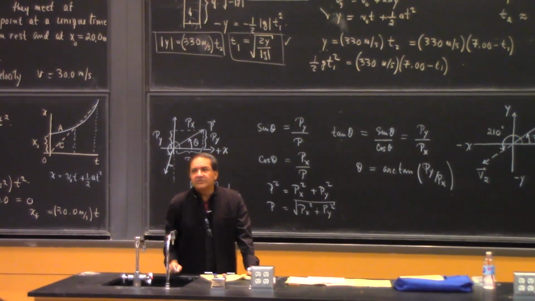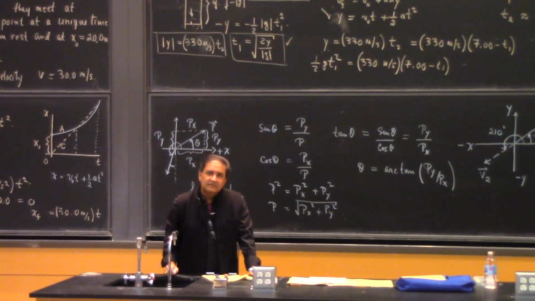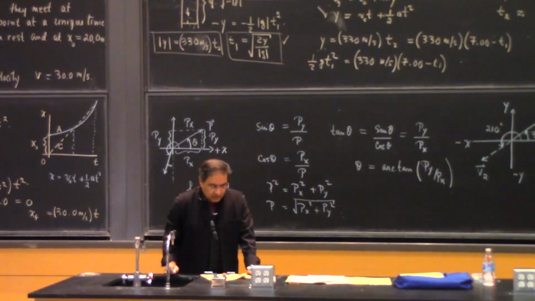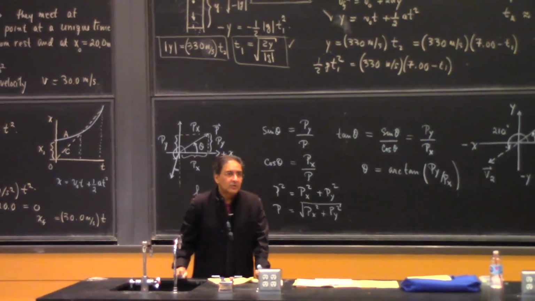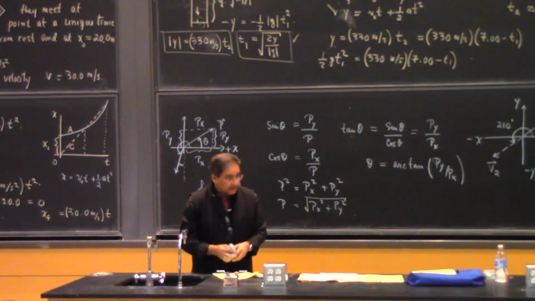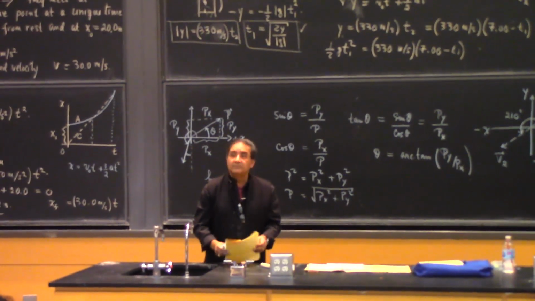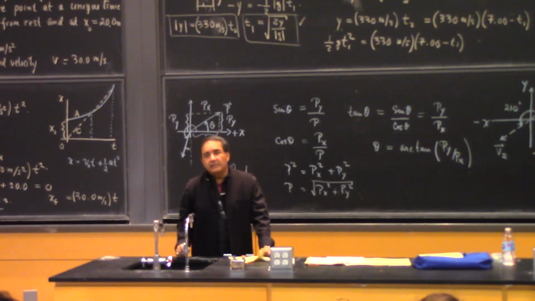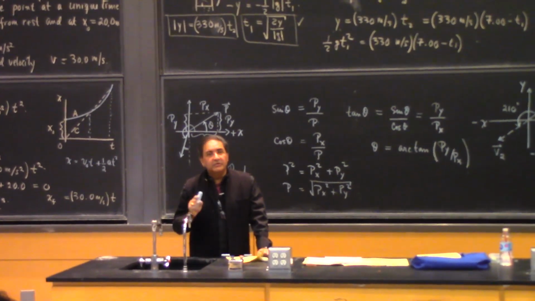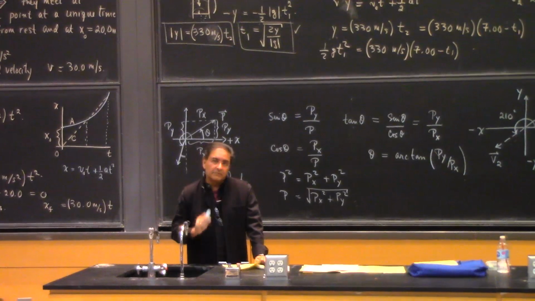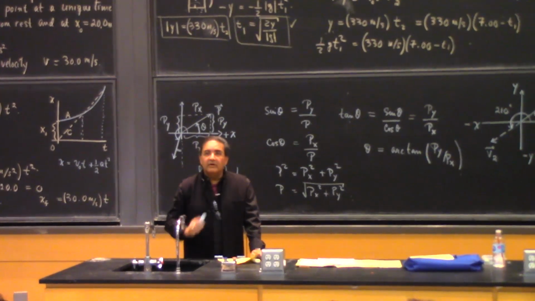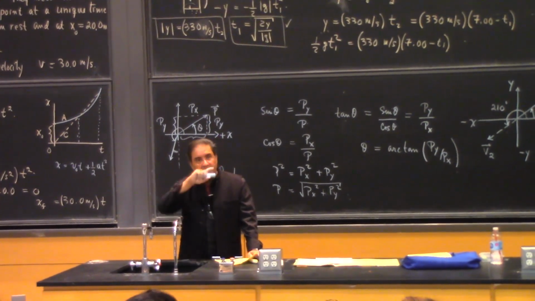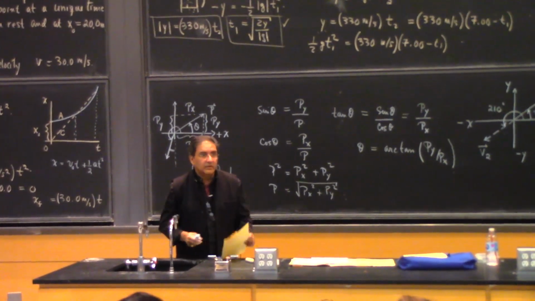Because if you don't have the picture, there is an almost 99% chance you will make an error very easily. So you'll find that physicists draw pictures a lot. In some problems in homework 2, I have actually drawn pictures and attached them. In some of them I have not, because I want you to draw the picture. You will figure out very quickly what is the right picture and how to draw it, because if you can't do that, then obviously you won't get the right result.